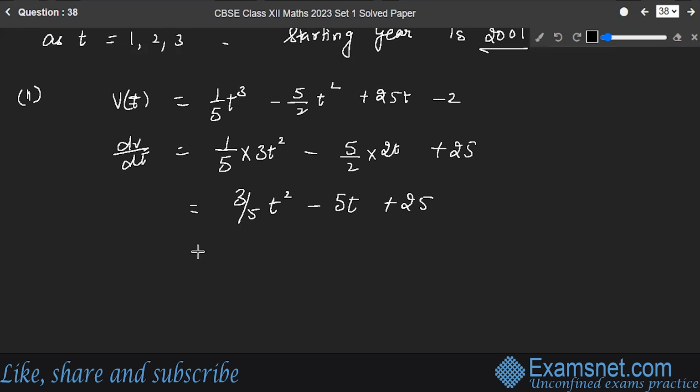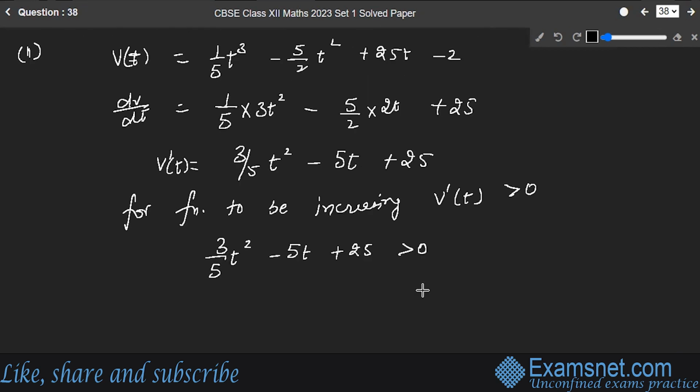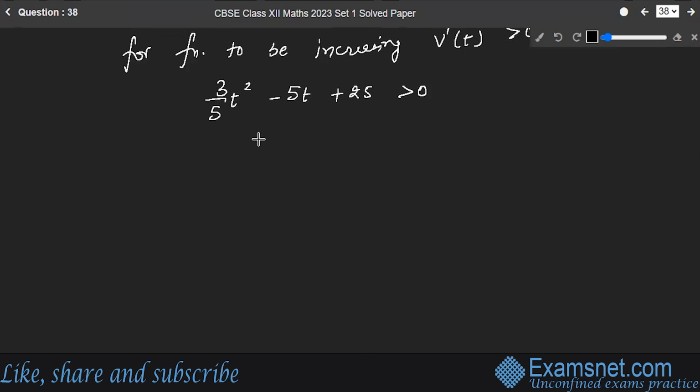Now for the function to be increasing, the derivative should be greater than 0. Therefore, 3 by 5 t square minus 5t plus 25 should be greater than 0, right? So let's look at this one.